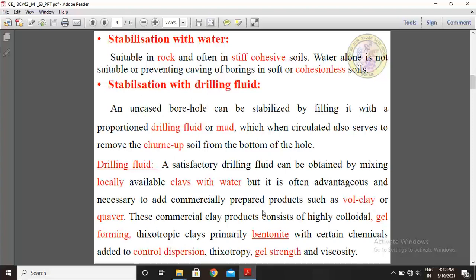These commercial clay products consist of highly colloidal, gel-forming, thixotropic clays, primarily bentonite, with certain chemicals added to control dispersion, thixotropy, gel strength, and viscosity.